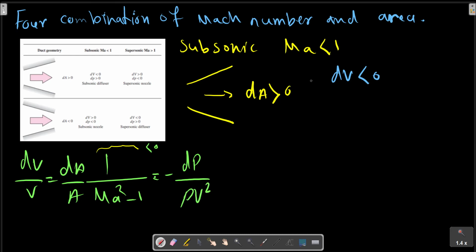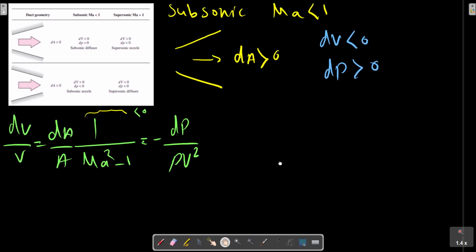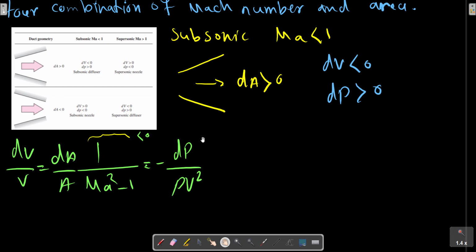In this case dP is greater than 0 for the subsonic.